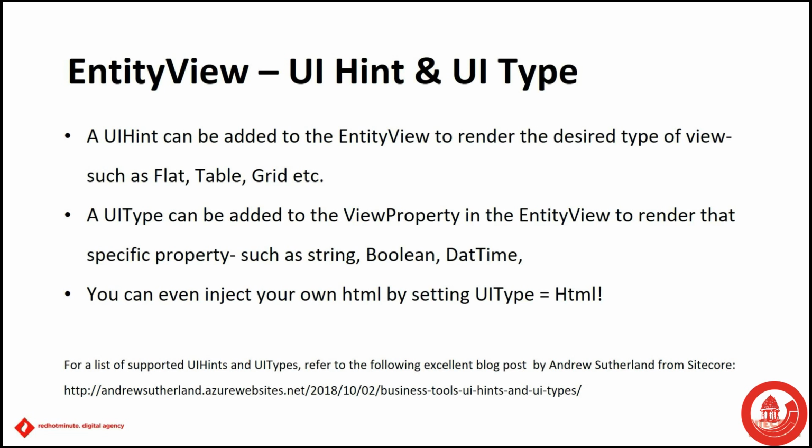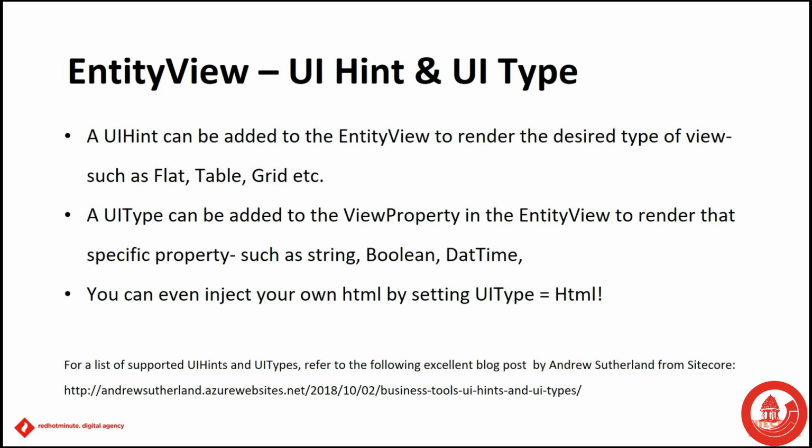So just a couple of examples of UI hints. For the view, it could be flat, which is what we saw out of the box. It could be a table, it could be a grid, it could be a list. There's a bunch of different values. And for UI types, which is the view properties, they could be things like string, boolean, datetime. And you can even inject your own HTML into a particular field.